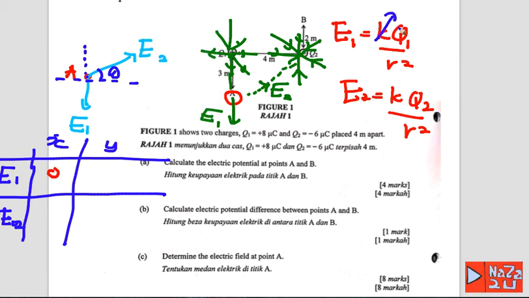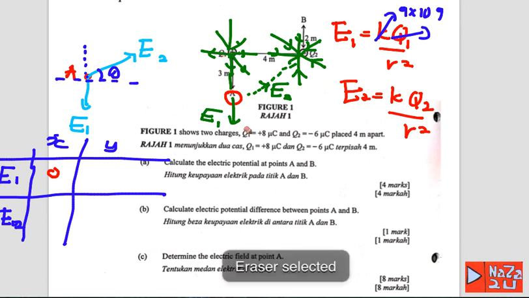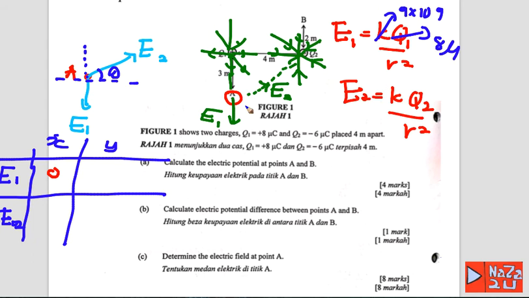K is a constant, 9 times 10 to the power of 9. The charge Q1 here is positive 8 microcoulomb, and the distance here is 3 centimeters.